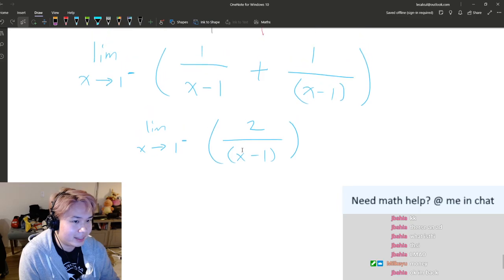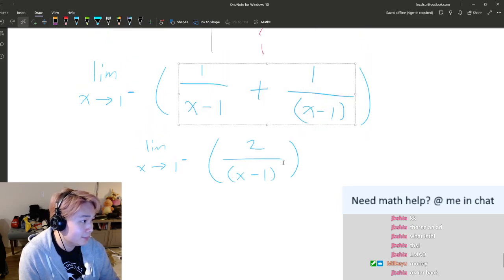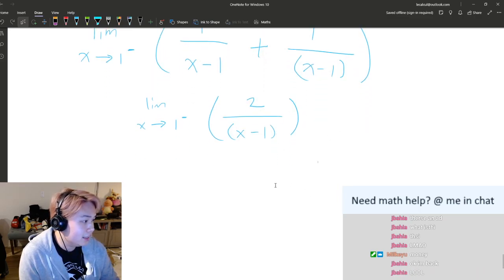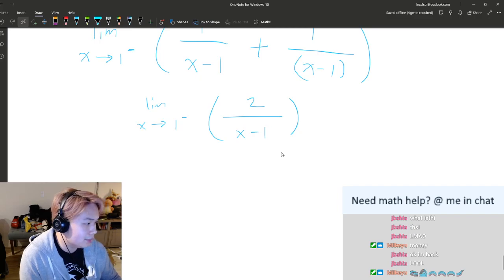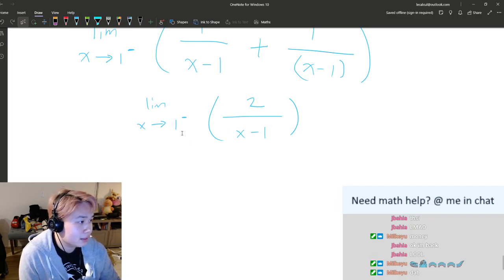Okay, you're back. So I added these together. And then from here, you just need to do some analyzing. So again, from the left side, you're considering values like 0.9.